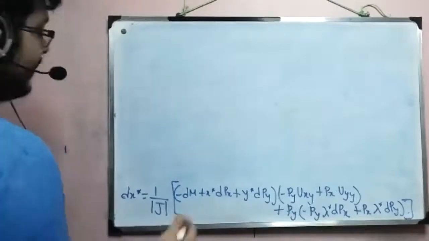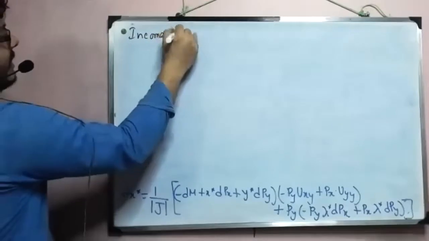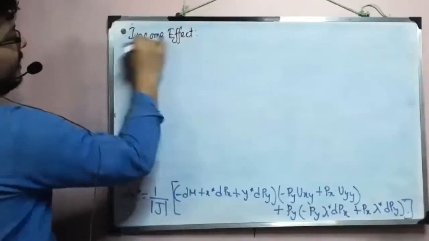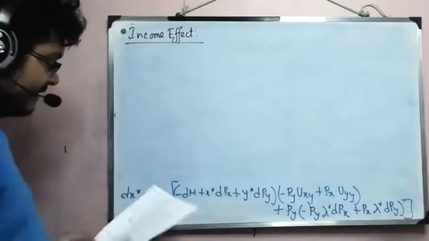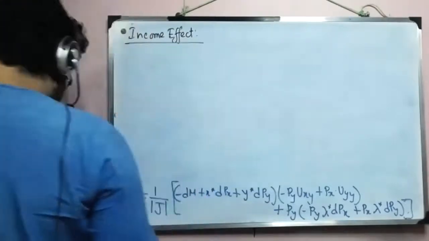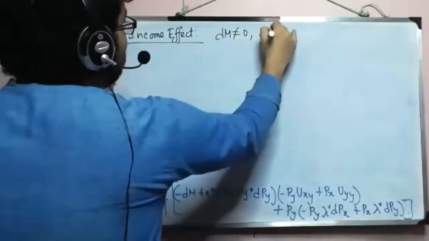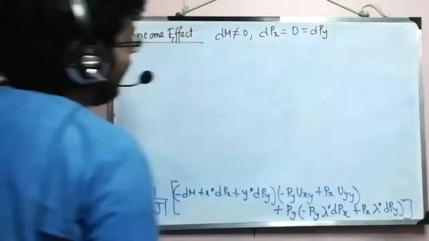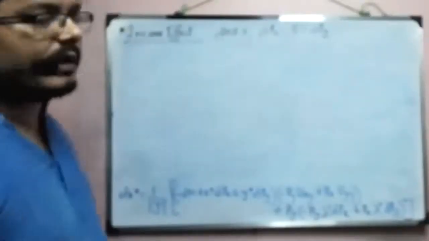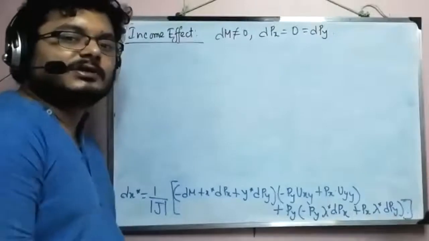So, income effect. In a sense, only income is changing and the prices remain unchanged. So, dm not equal to 0, dpx equal to 0 equal to dpy. Remember one thing, in many books this is written as dpx equal to dpy equal to 0.